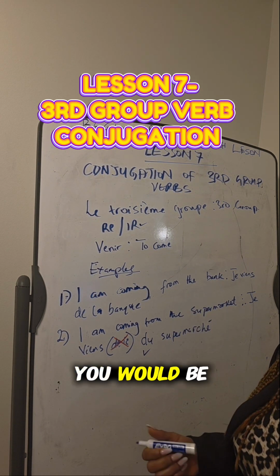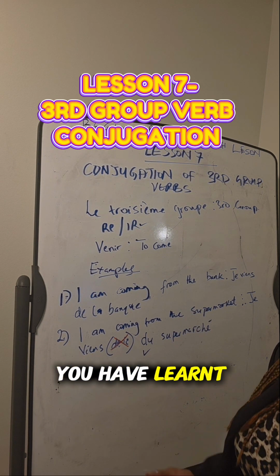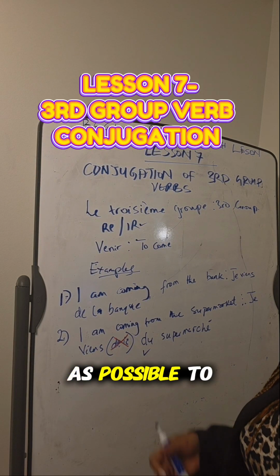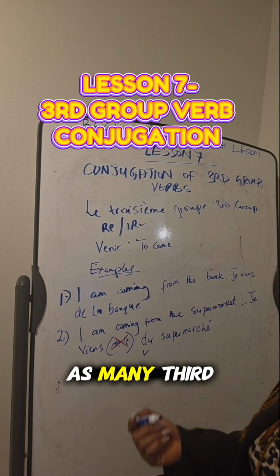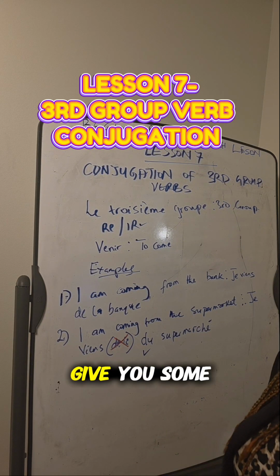I hope you would be able to take back some things that you have learned today. Try as much as possible to find the meaning of as many third group verbs as possible. And I can give you some pointers.